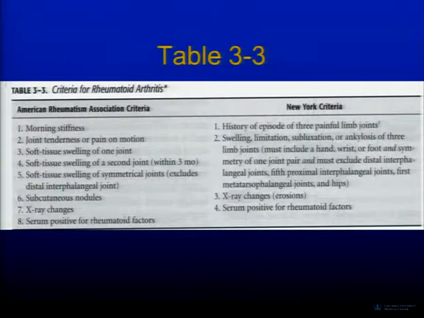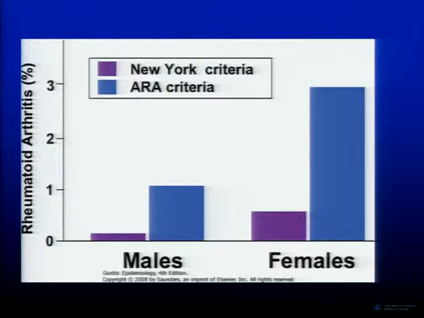In fact, they did this in a population in Sudbury, Mass, where they looked at what happens if we use these different criteria in the same exact population, and the results, as you can see, are quite different. The New York criteria is a little stricter because you need to have all of those criteria met. So you see fewer people were actually diagnosed as having rheumatoid arthritis.